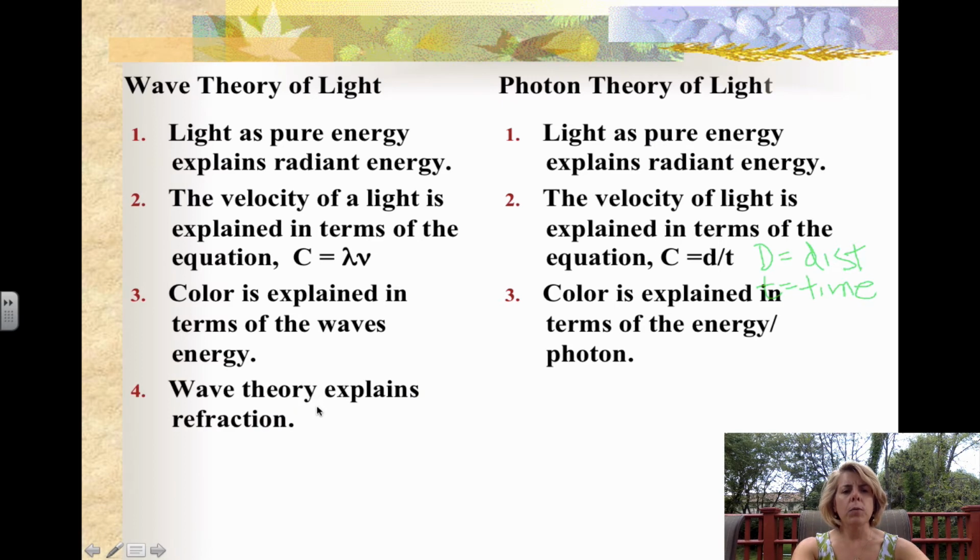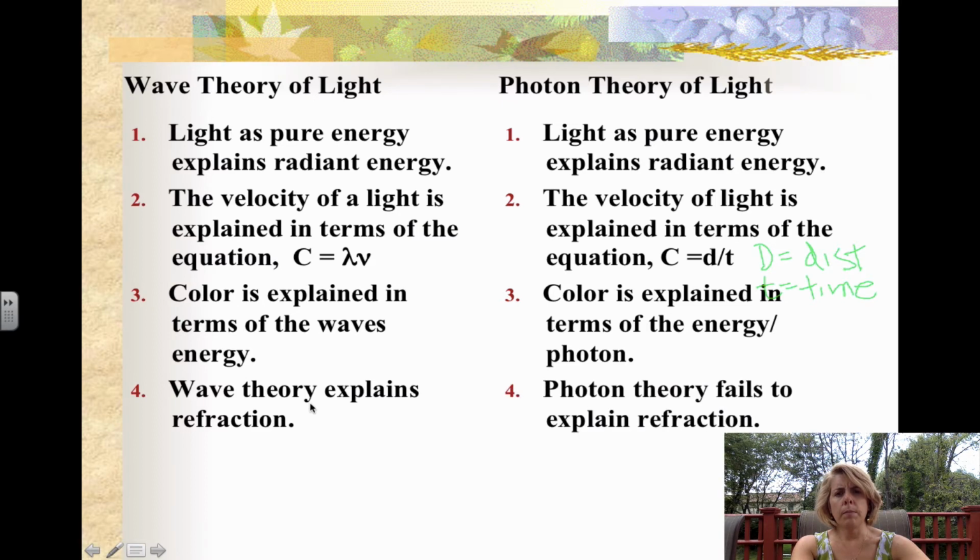Okay, when we're looking at wave theory, we're talking about the bending of light. So anytime light comes in contact with a medium, like a prism, it's essentially bent, depending on what that medium is. The problem with the photon theory of light is it doesn't quite explain refraction.